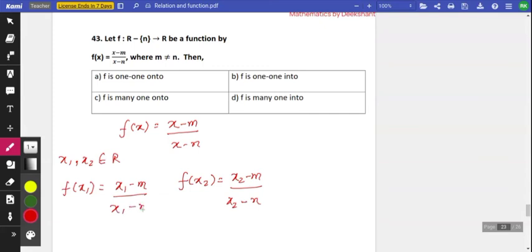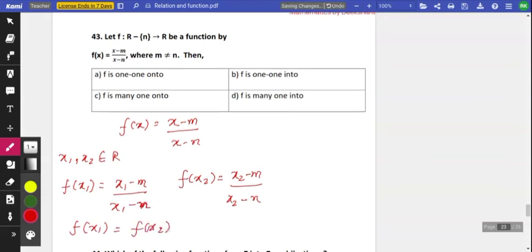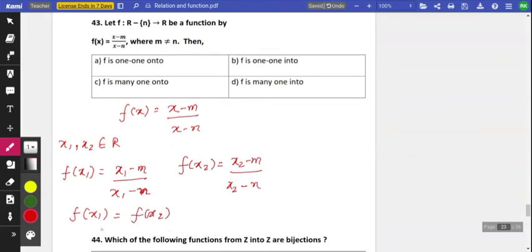For f(x1) equal to f(x2), after solving this we get x1 is equal to x2. So we can see that the given function is 1-1.